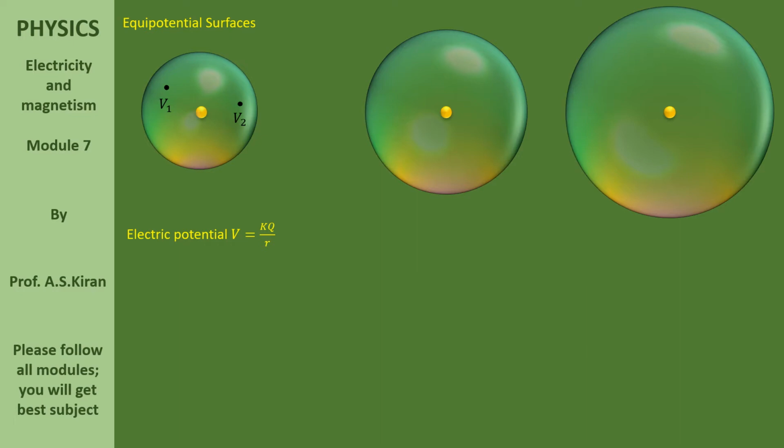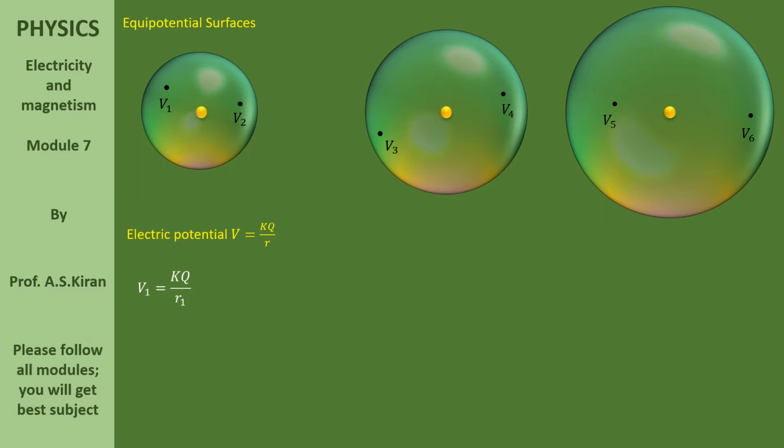Similarly, on the second sphere, let us consider 2 random points with potentials V3 and V4. On the third sphere also, let us consider random 2 points with potentials V5 and V6.